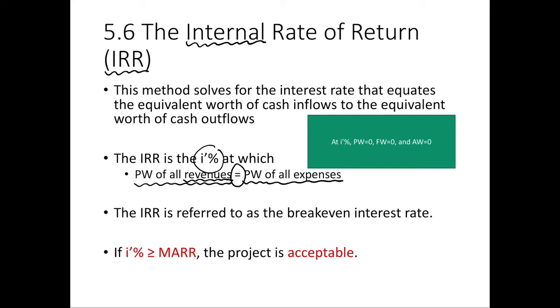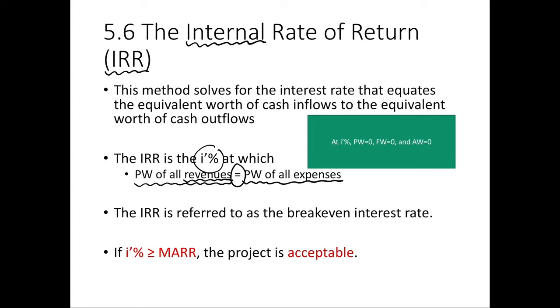Why is it called internal rate of return? The internal means all the revenues generated by the project will be reinvested at the same I prime percent in the same project. Imagine that you're the iPhone company and you sell iPhones, and all the revenue you get from selling the iPhones will be reinvested into the production or design of a new iPhone, right?